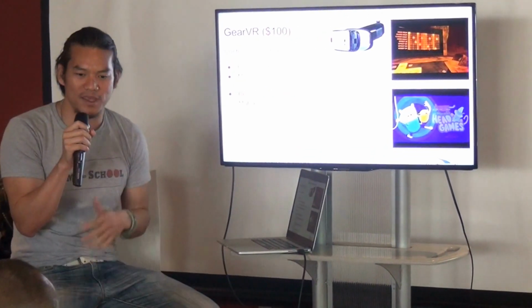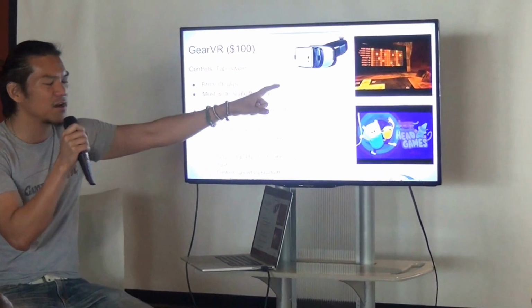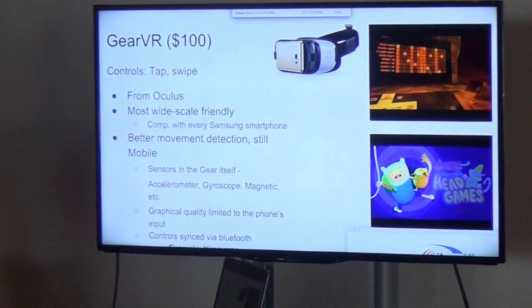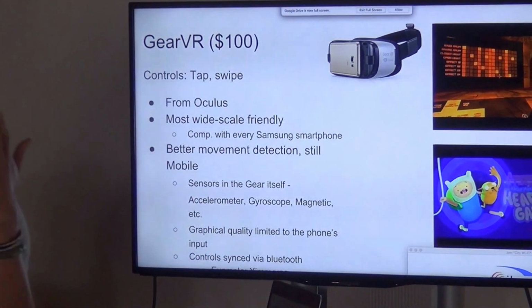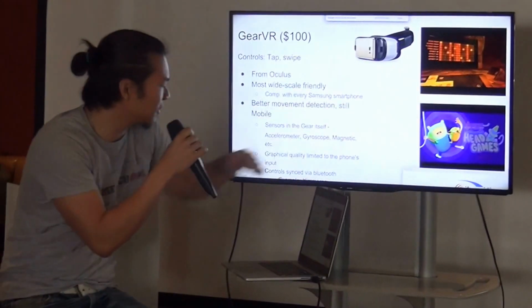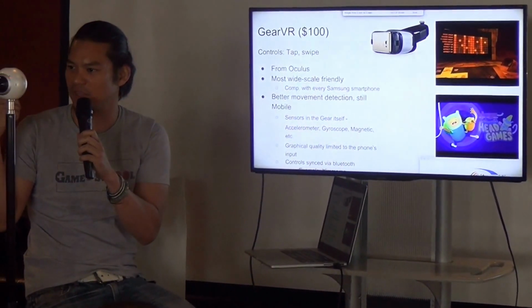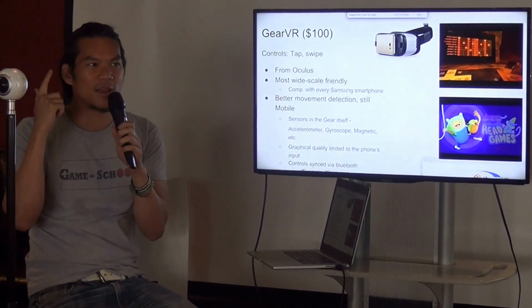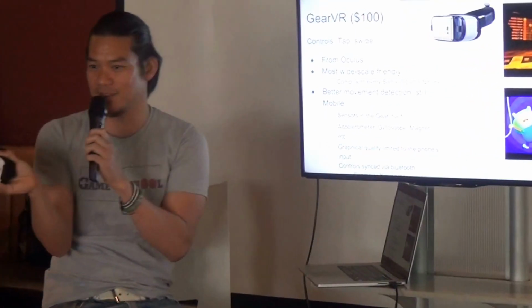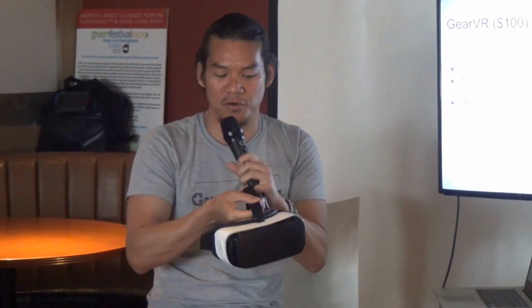The Gear VR is really the best mobile experience you're going to get. It has positional tracking, so if you are moving left and right, the headset knows that you are moving in that space, left to right, up and down. You also have a side input that looks like a little plus sign for moving characters, like in a game. It works almost like a touch control on a phone.